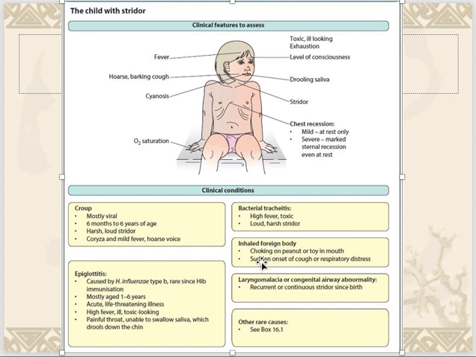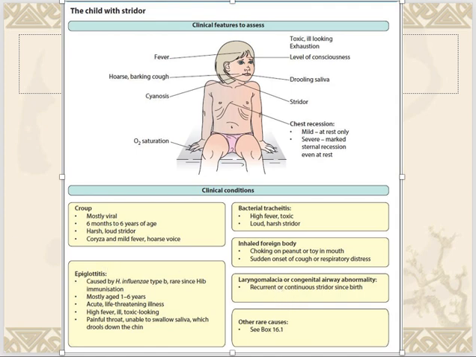Inhaled foreign body, of course, you will get a history like this. The child will have no fever, and you will get a clear-cut history of ingestion, or you can see it on X-rays, right? And laryngomalacia or congenital airway abnormalities, there are many types, and these are mostly surgical cases, right?